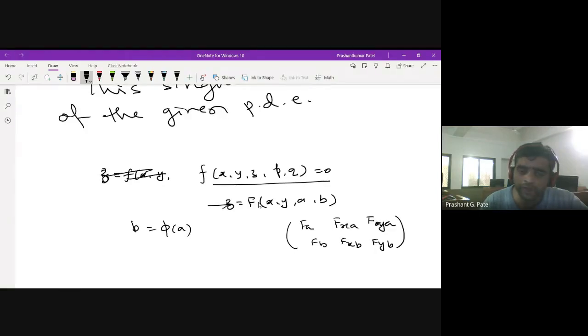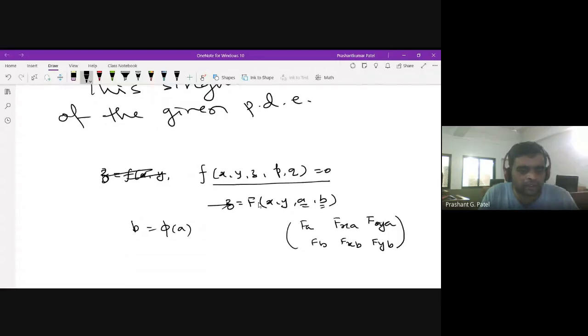If you can find both these parameters a and b in terms of x, that is known as the singular integral, and all sort of things we have discussed in the previous lecture. Also the special integral is one which does not come into any of these three.